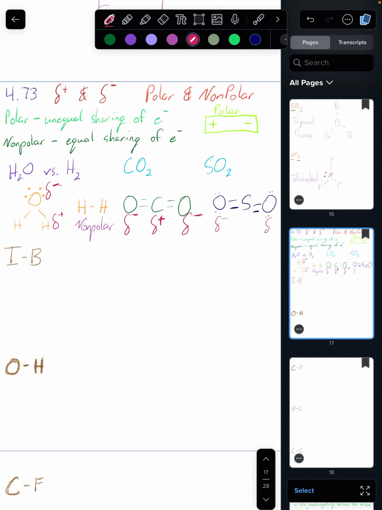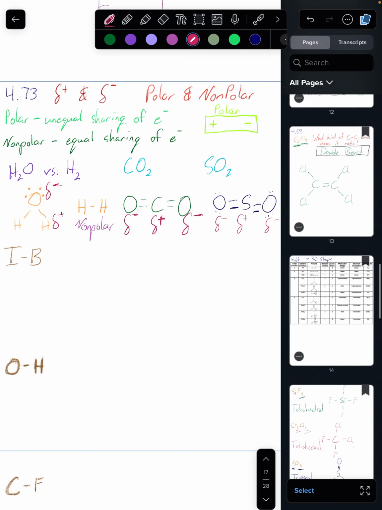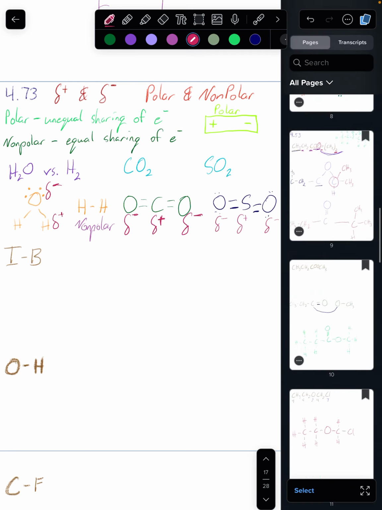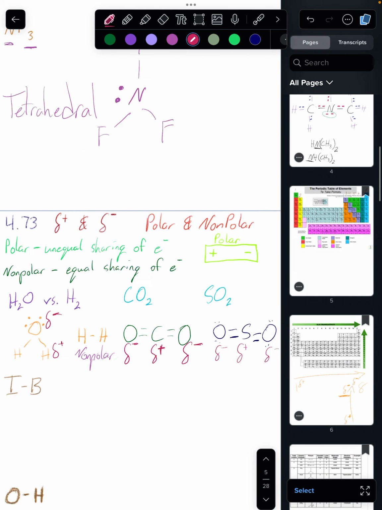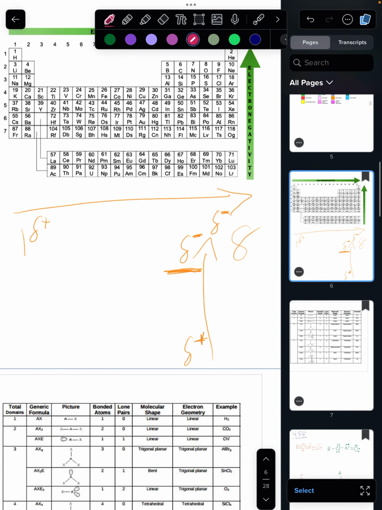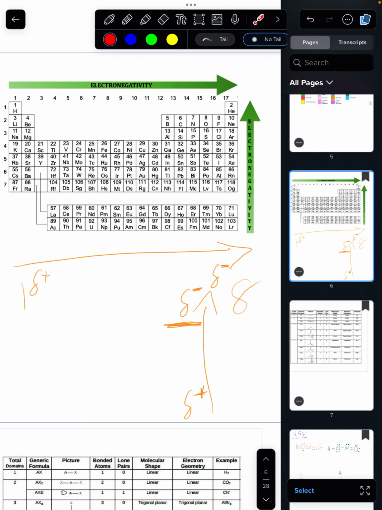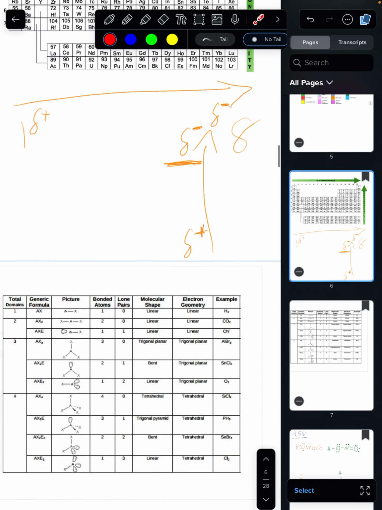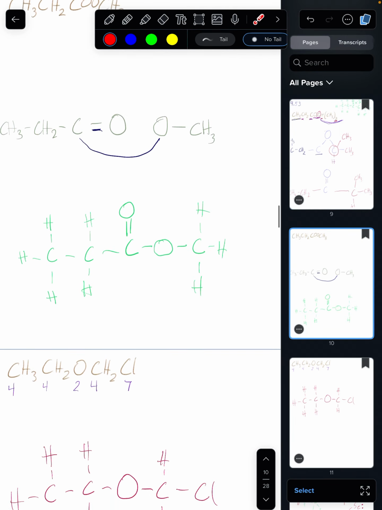And so it's going to be more negative, more positive. And we can check on our chart as well. So here's our oxygen, here's our sulfur. So oxygen is more negative. So that's how we know that sulfur is going to be more of a positive in that case.